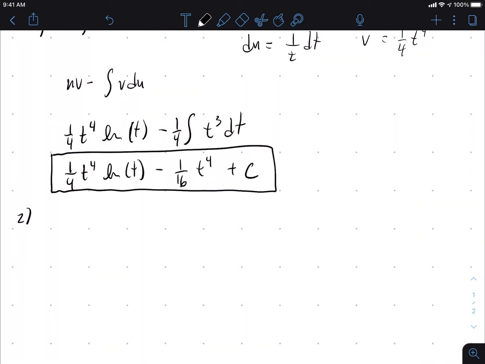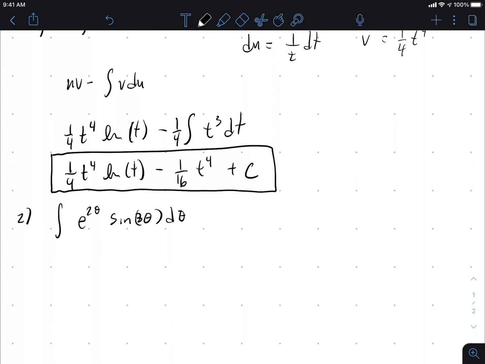If I give you the integral of e to the 2 theta sine 3 theta d theta, what does your gut instinct tell you here? It'll be u substitution again.